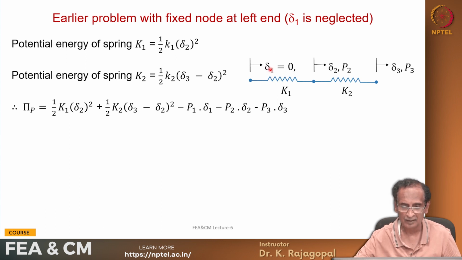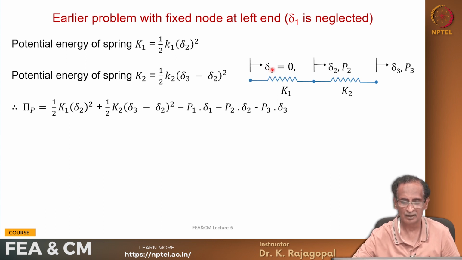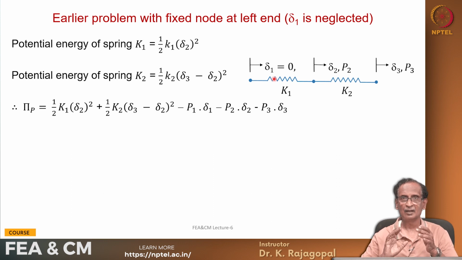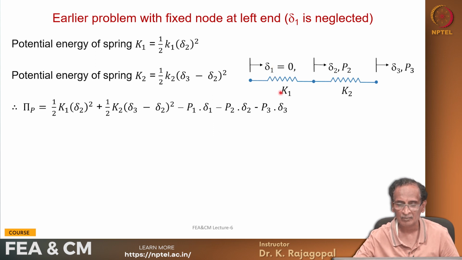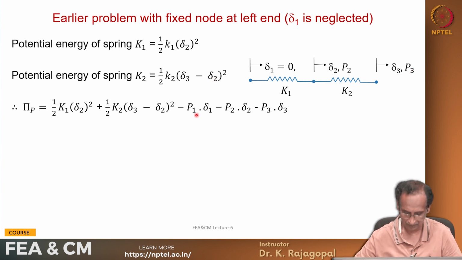If it is not 0, but let us say some 0.1 or something, the relative deformation in this spring will be delta 2 minus 0.1, okay. And we are not using the delta 1 because it is not a variable anymore, it is a fixed value at 0 or 0.1 or something. Then the energy in spring 2 is 1/2 k2 (delta 3 minus delta 2) whole square, okay.